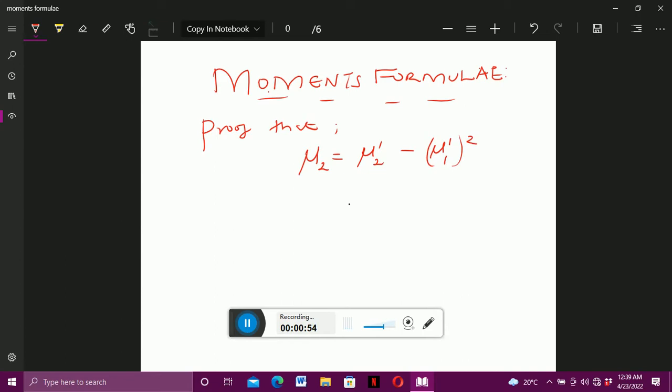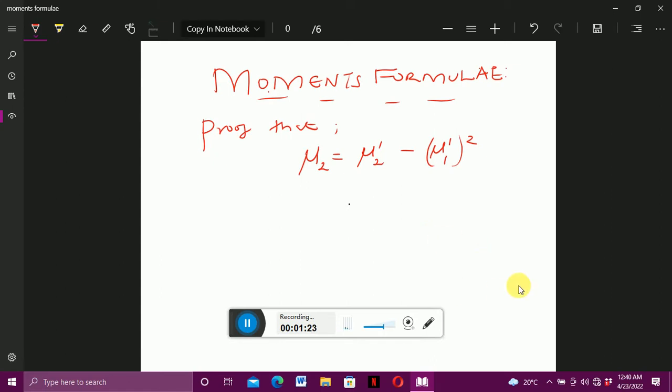We mean, you recall we saying that we usually use moments about a point to get moments about the mean. So here we are saying that mu2, that is the second moment about the mean, is got by taking the second moment about a point and subtracting the square of the first moment about a point.